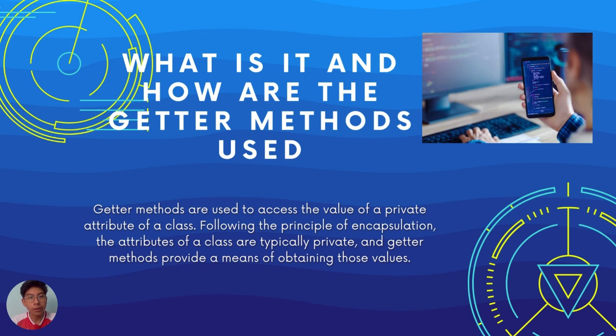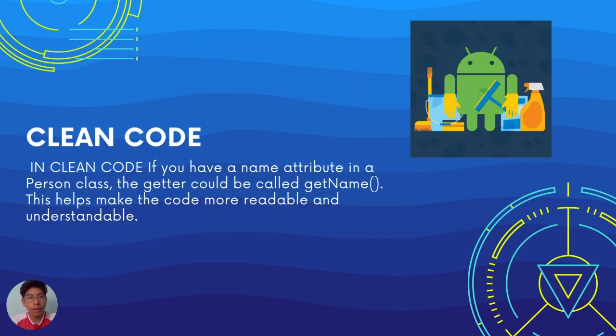The attributes of a class are typically private, and getter methods provide a means of obtaining their values. In clean code, if you have a name attribute in a Person class, the getter will be called getName. This helps make the code more readable and understandable.